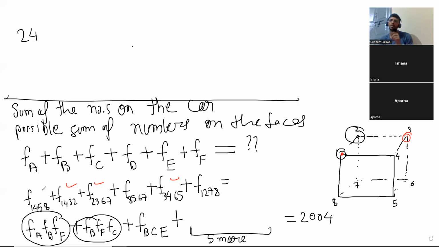So how many times are we going to use each of them? Each face, there are 6 faces, so 4 times. Exactly, 4 times. That is the point, that each face is going to be used 4 times.